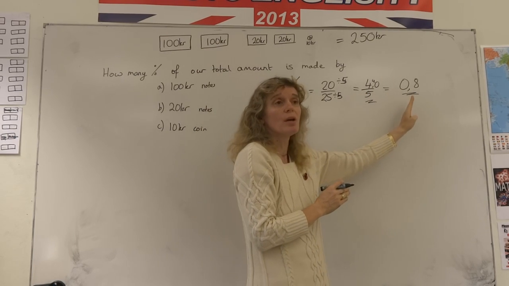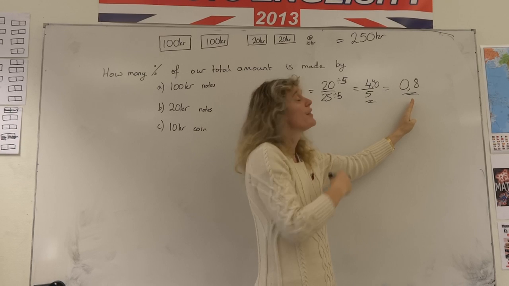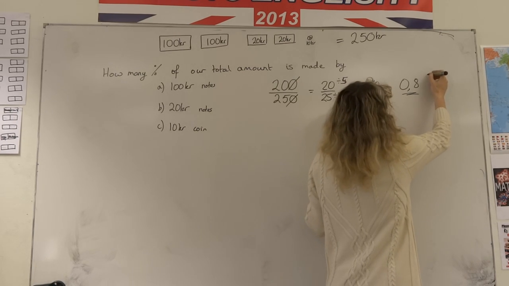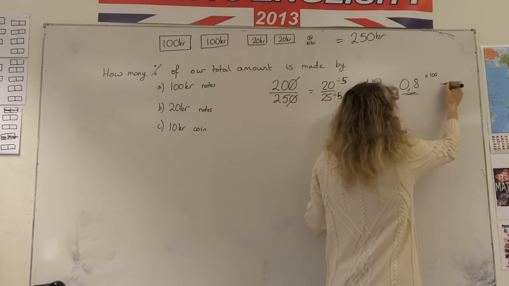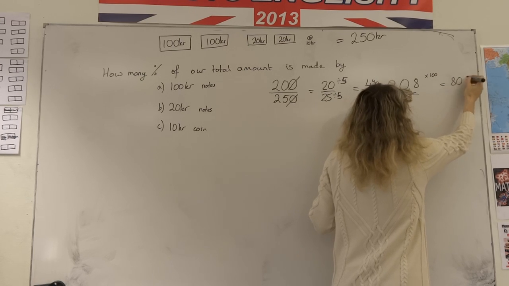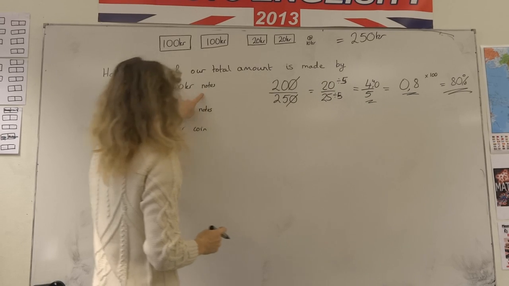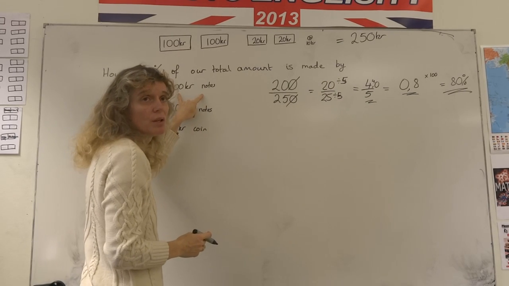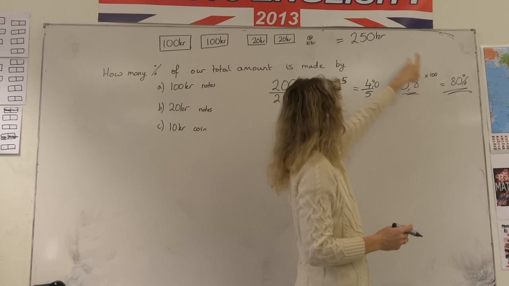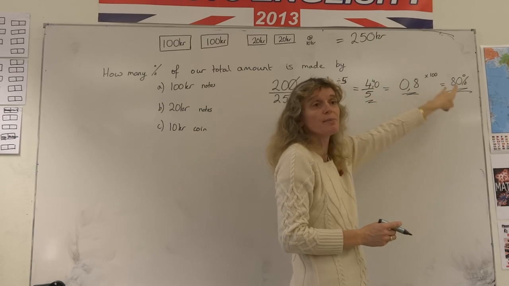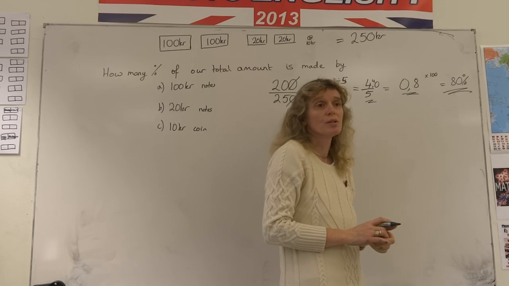The first step was to turn it into a decimal. The second step was to multiply it by 100 to give you it in percentage. So it would be 80%. So 80% of all of the 250 kronas is made up of 100 krona notes in amount.